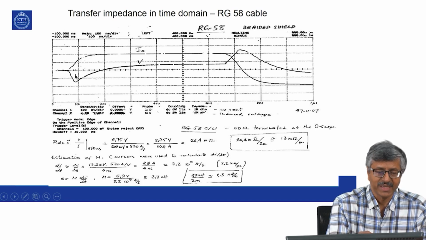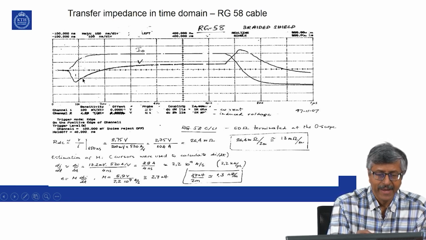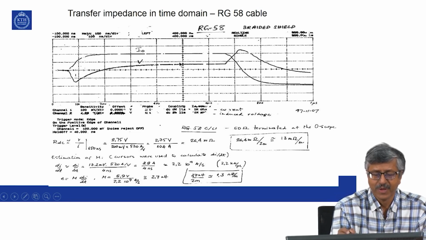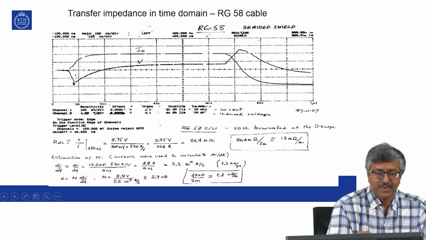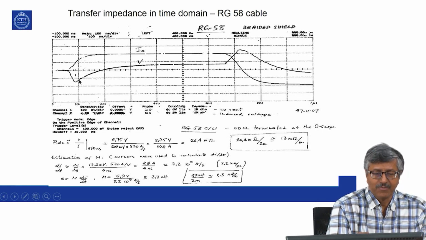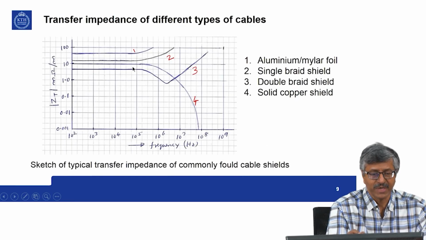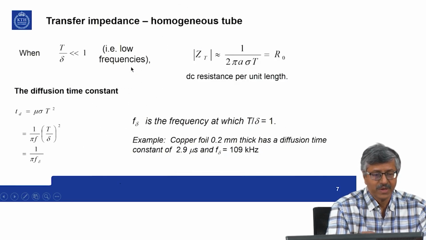That is very characteristic of inductive kind of coupling. Then it goes down, and it takes a long time before that voltage reaches a steady value. The time taken by the voltage to rise all this way represents the diffusive time constant that you have seen over here, the diffusive time constant Td.